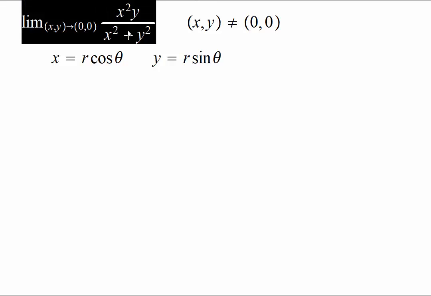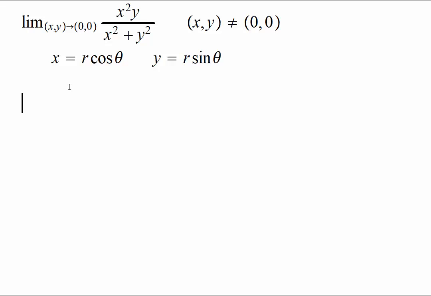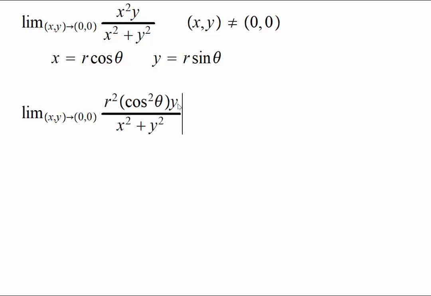We did this calculation a short while ago with a similar example. So we have r squared and then cosine squared theta, and then we have r and simply sine theta, because y is r sine theta, and x squared plus y squared by the Pythagorean theorem will become r squared.